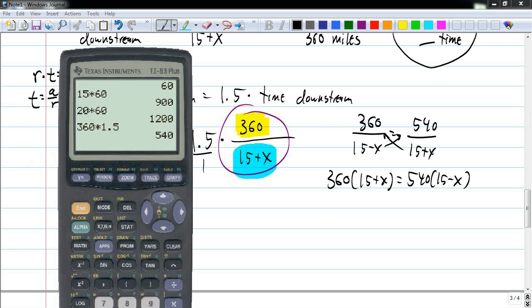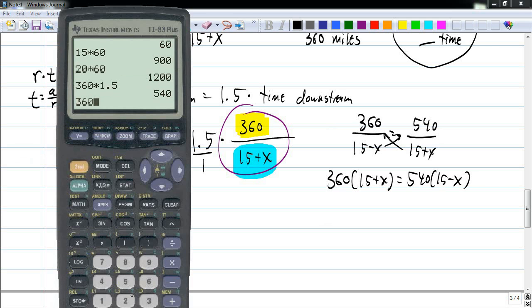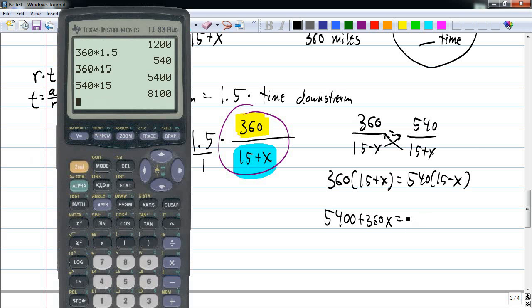Multiplying this through, I'm going to get 360 times 15 is 5,400 plus 360x equals 540 times 15, 8,100 minus 540x.